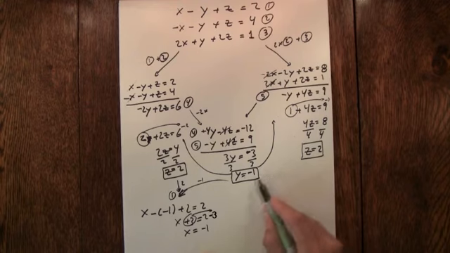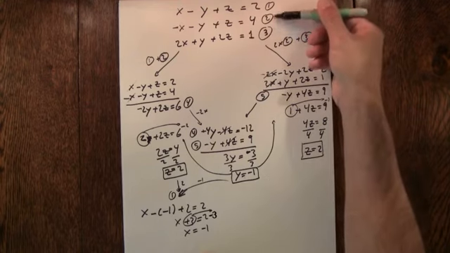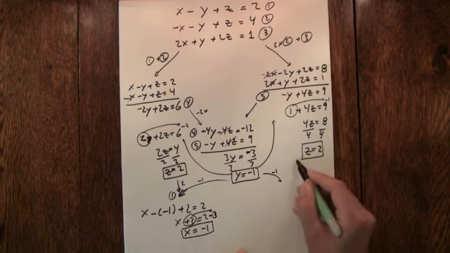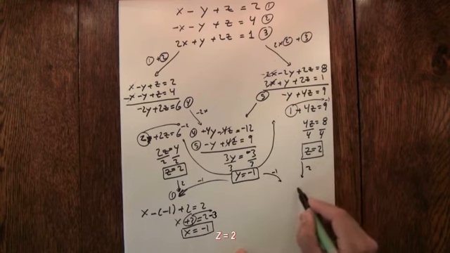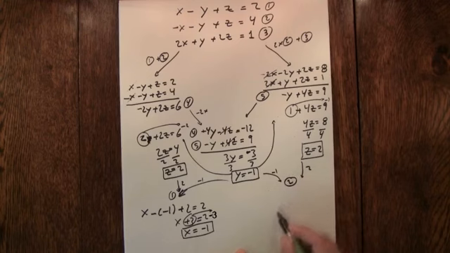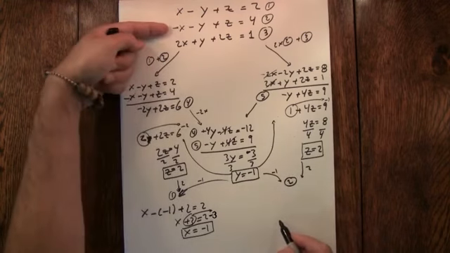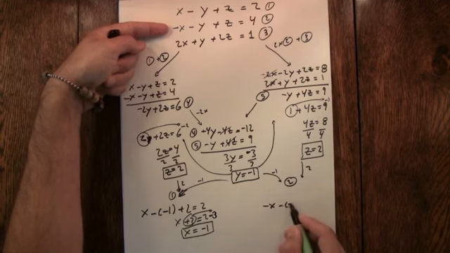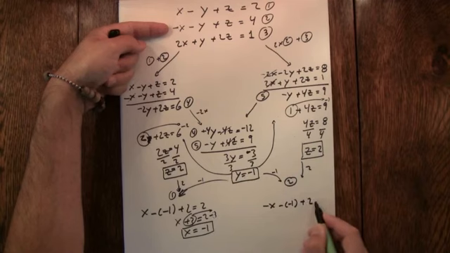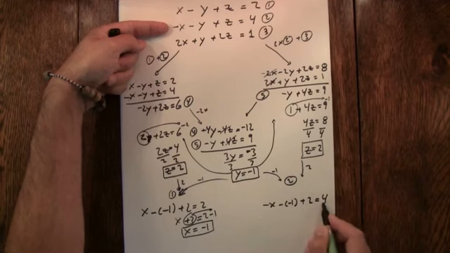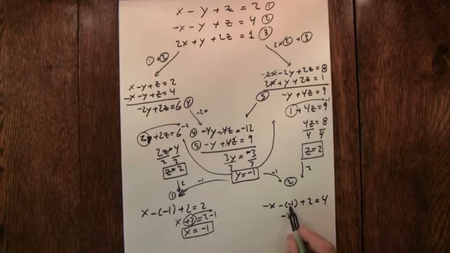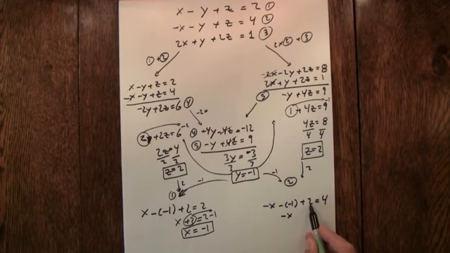Let's do the same thing, but plug it into equation 2 or 3, just to make sure we have the right answer. So let's bring in y is negative 1 and z is 2 into equation number 2. If you take a look at it, negative x minus negative 1 plus 2 is equal to 4. Negative and negative is positive, so 1 plus 2 is 3.